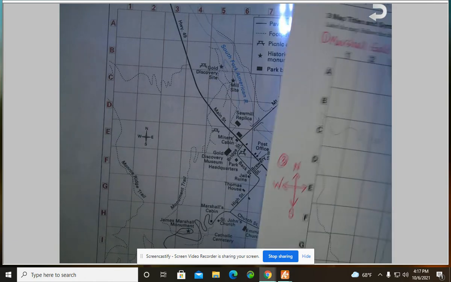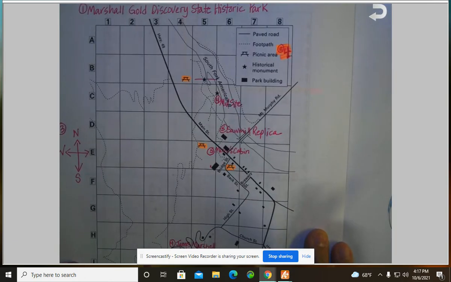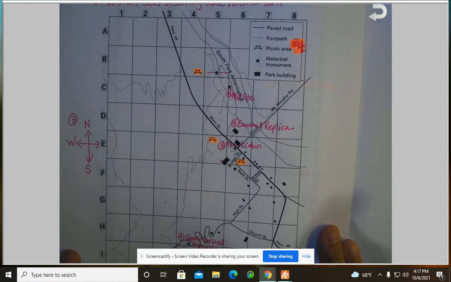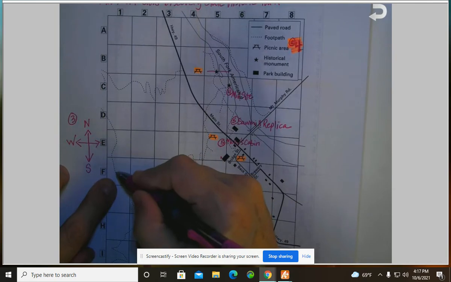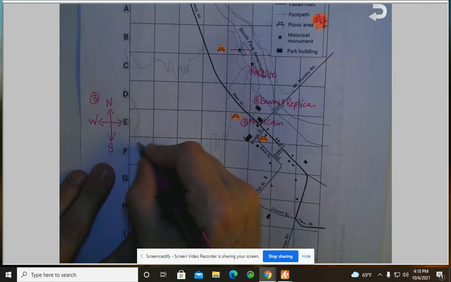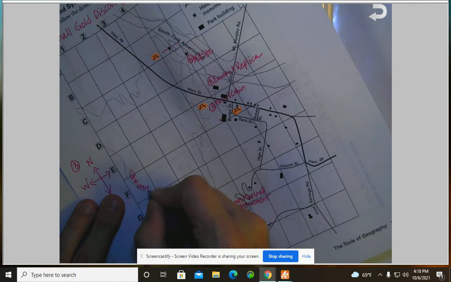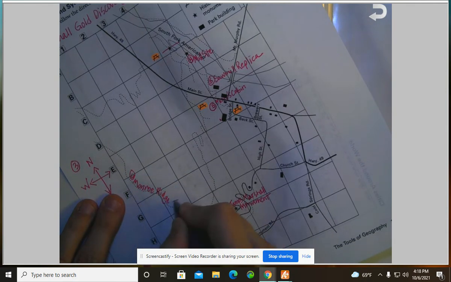All right, number 6. Label the footpath you find at grid coordinates F1. So we're going to go here to F1. So we need to figure out what that footpath is, and that would be the Monroe Ridge Trail. So we're going to label it Monroe Ridge Trail.